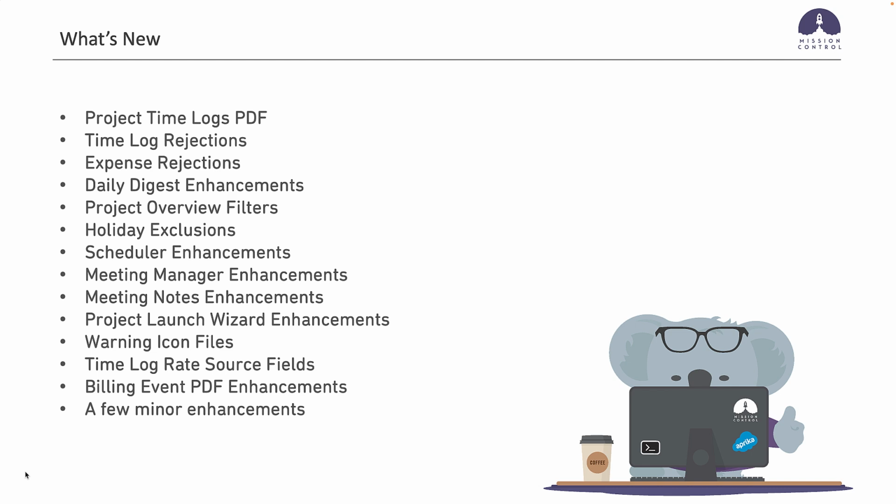There's also some new warning icon fields being added to various objects, as well as some fields that help you identify the rate that was used as the source for calculating the financials on the time logs. The billing event PDF has had some enhancements around the time log and expense appendices, and a few minor enhancements that we'll talk through as we go through the slides as well.